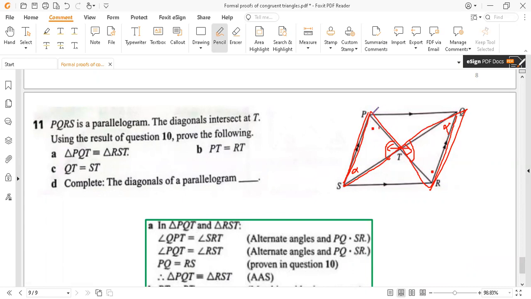So T is the midpoint of PR, and at the same time the midpoint of SQ. So this part equals this part, and this part equals this part. We have PS equal to QR, and PT equal to TR, ST equal to TQ. So by SSS, this triangle is congruent to this triangle, and with the same reasoning, this triangle is congruent to this triangle.